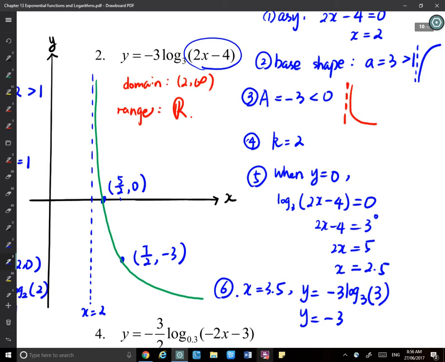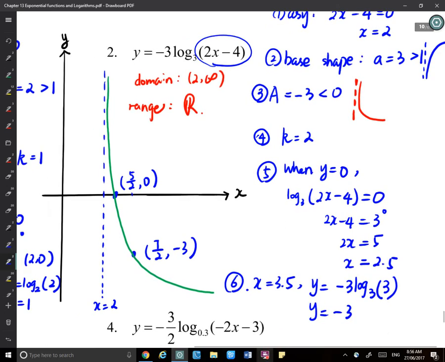Any questions about this? Yeah, those two are pretty easy. Let's see a complex one here.